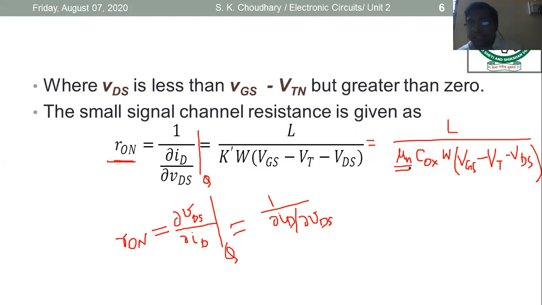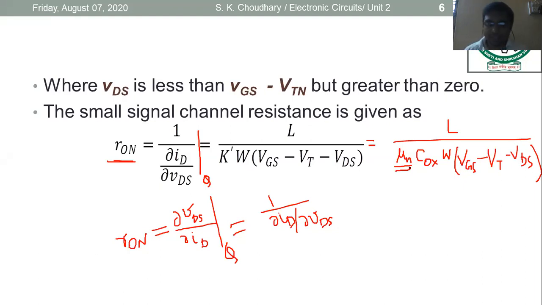If the mobility decreases, your resistance increases. What is the factor for decreasing or increasing the mobility? Temperature. As the temperature of the device increases, mobility decreases, and as the mobility decreases, your resistance increases. Because it is electron, a negative temperature coefficient is there.